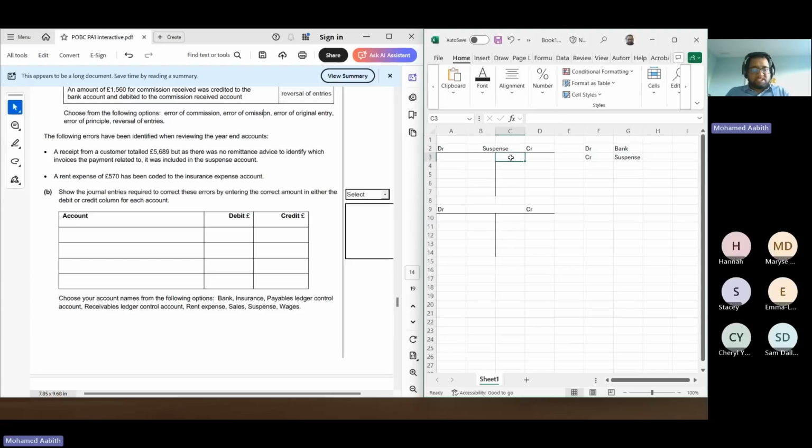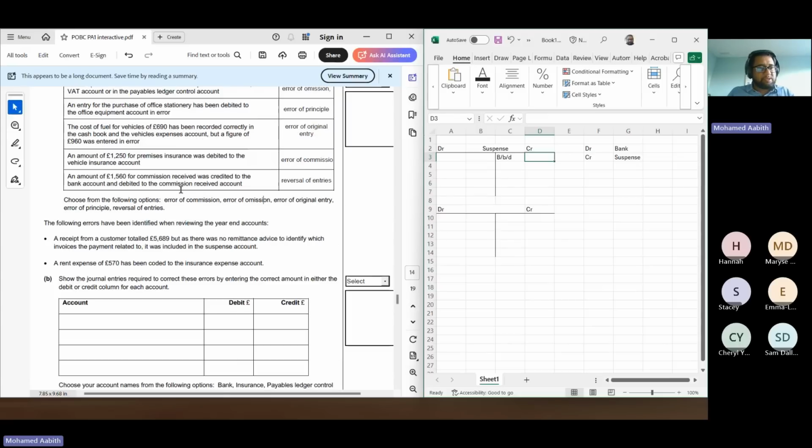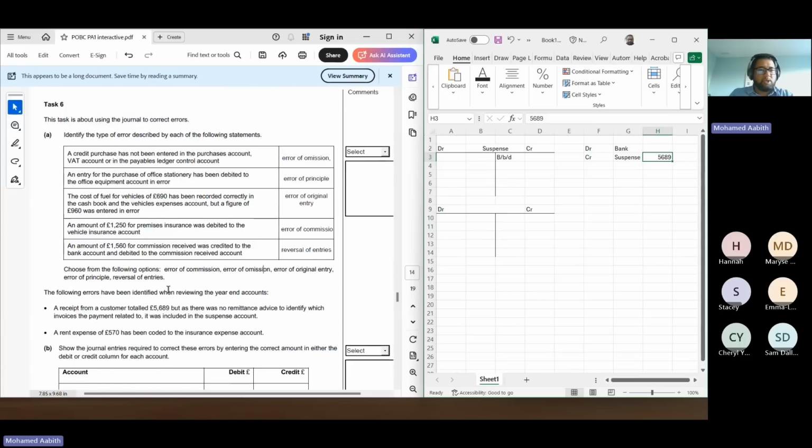Here we have something allocated to the suspense account, 5689, the amount added to the suspense account on the credit side. So we need to know how we get rid of this number later on. Now let's look at the next one as well.